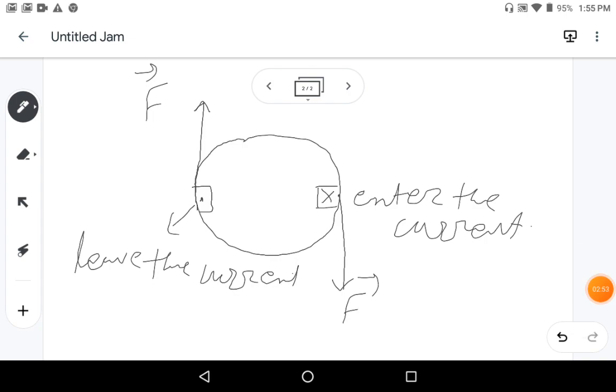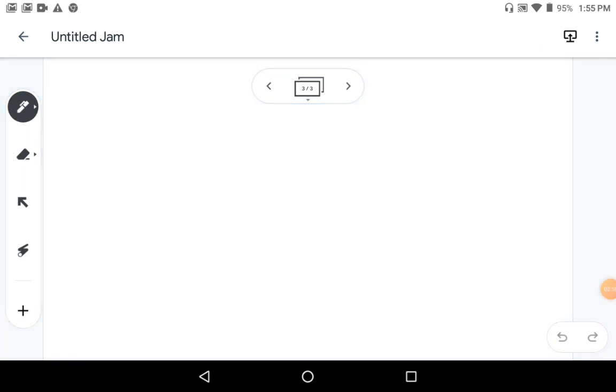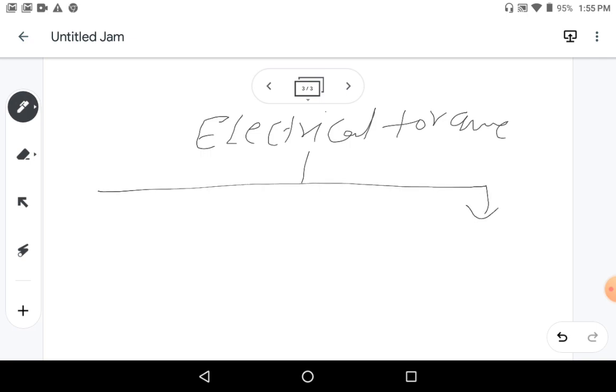Actually, there are two types of electrical torque. Number one, reluctance torque.